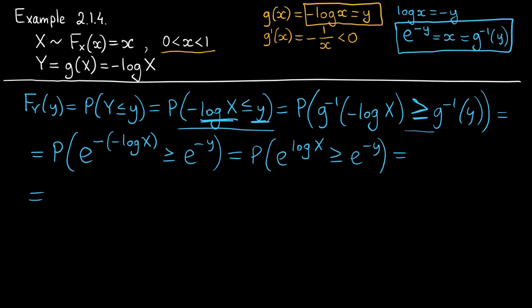Log of x is the power to which e must be raised so that we get x. So if we raise e to this power, log of x, we should be getting x. Again, not surprising. It was by design. We intended to get x here on the left side, and what we have on the right side is e to the power of minus y. Now suppose that the PDF of the random variable x looks like this.